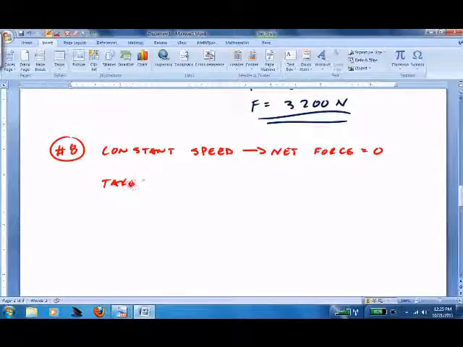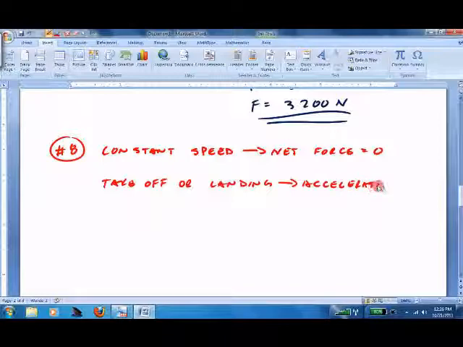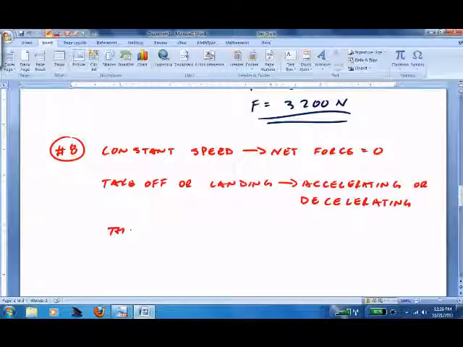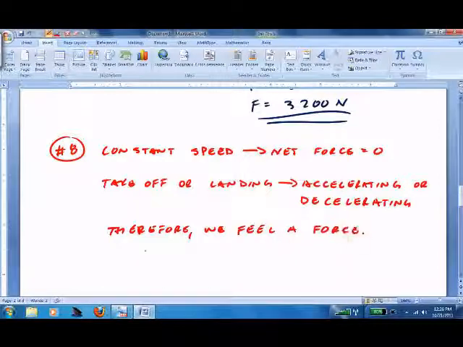Takeoff or landing, we're accelerating or decelerating. Therefore, we feel a force, which is a lot less comfortable than just flying along nice and steady.